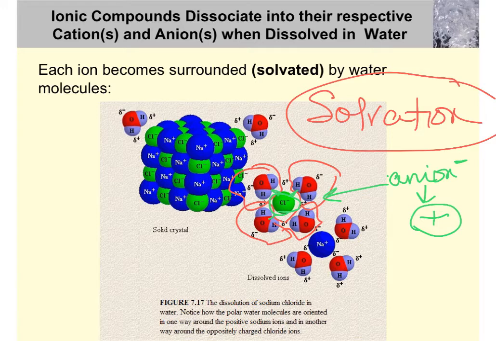The oxygen, we know, is electronegative and has a partial negative charge, and the hydrogens, which are not very electronegative, have a partial positive charge. So notice in the solvation of an anion, the water molecules all orient themselves so that the partial positive hydrogen atoms are facing the negatively charged anion.